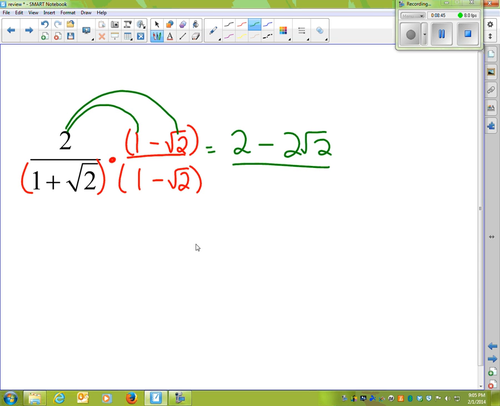Going now to the denominator, I have 1 times 1. I have 1 times negative radical 2. I have positive radical 2 times 1. In my last term, I have positive radical 2 times negative radical 2.